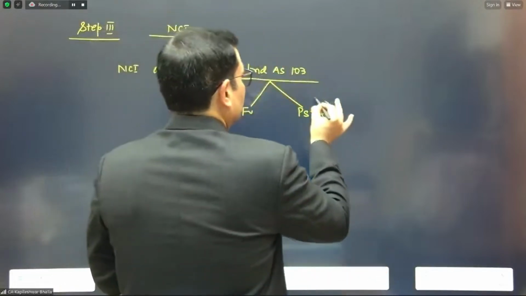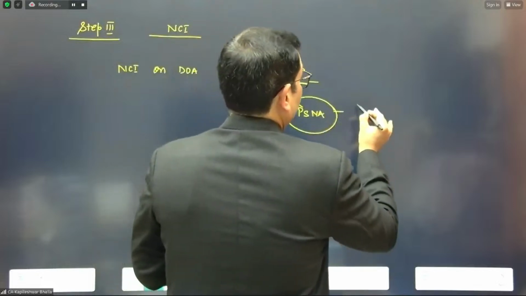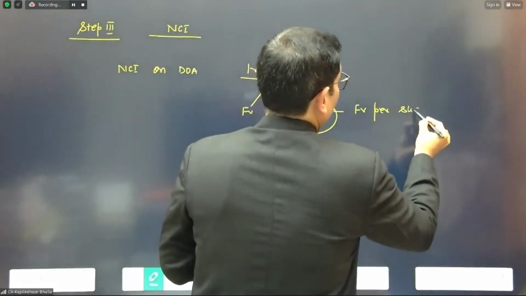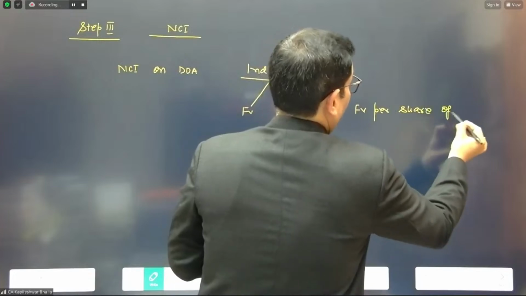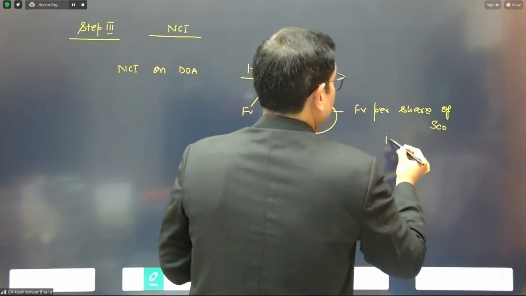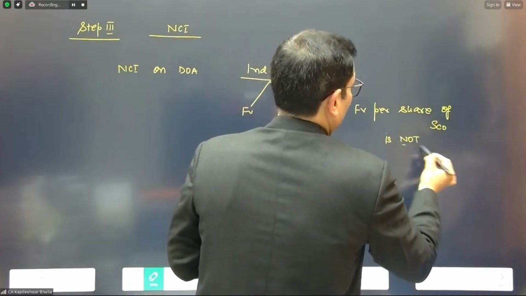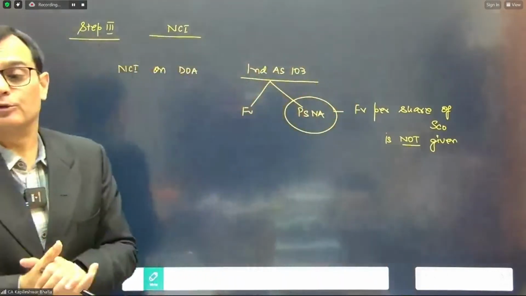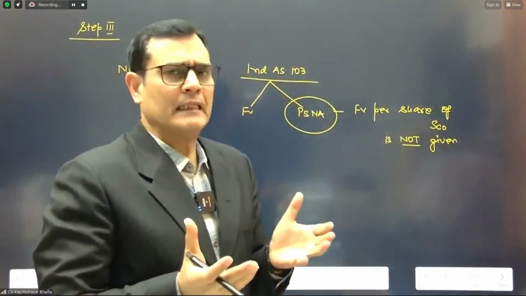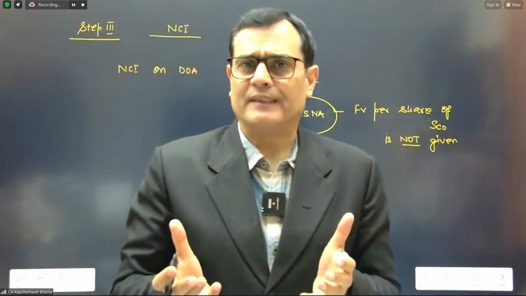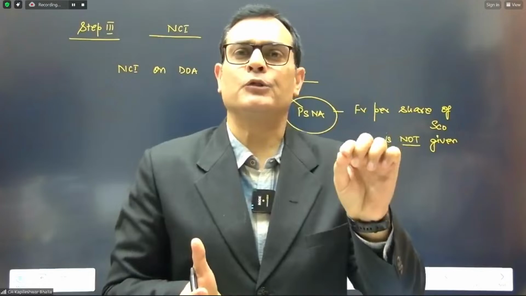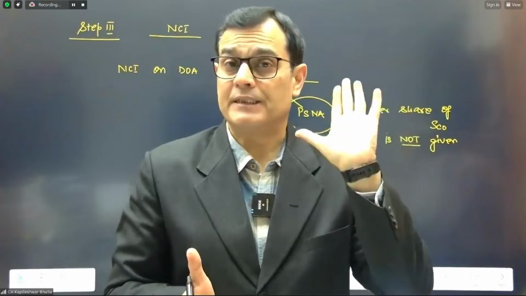So PASNA would be used in a situation where the fair value per share of the subsidiary company is not given in the question. And since you've already got the list of the net assets in the previous step, you just take the net assets into the percentage held by the NCI.